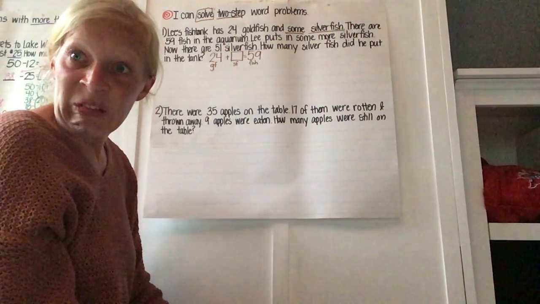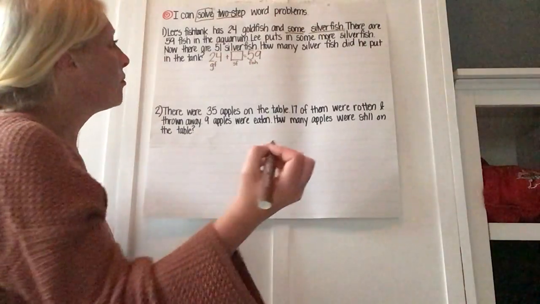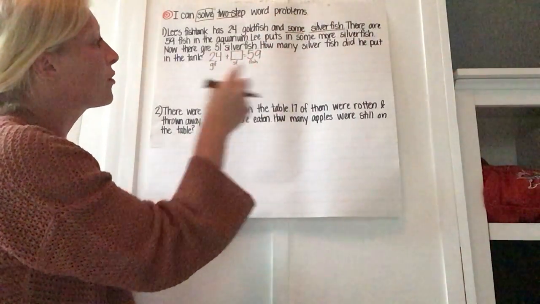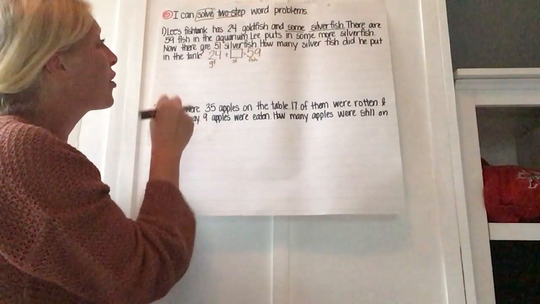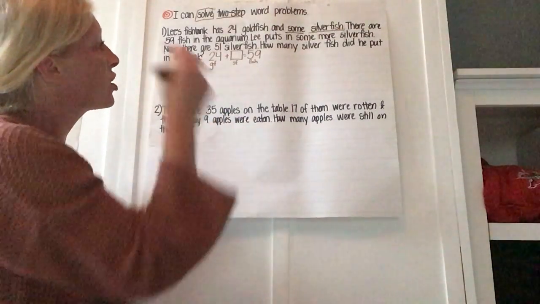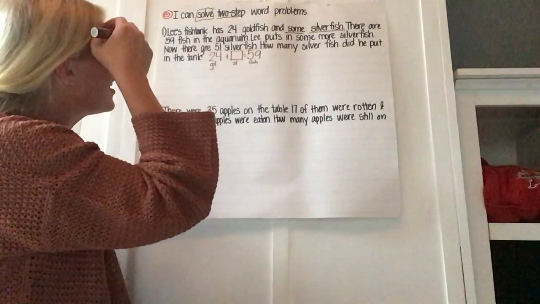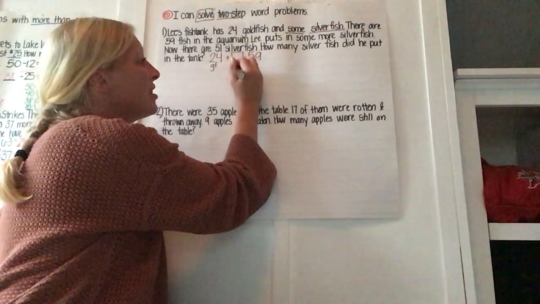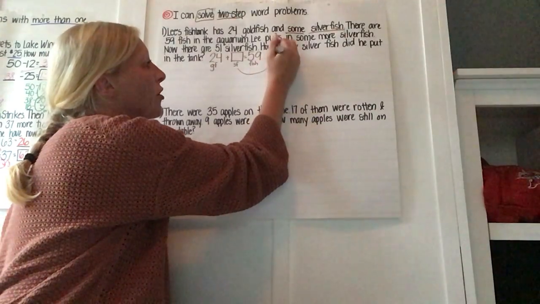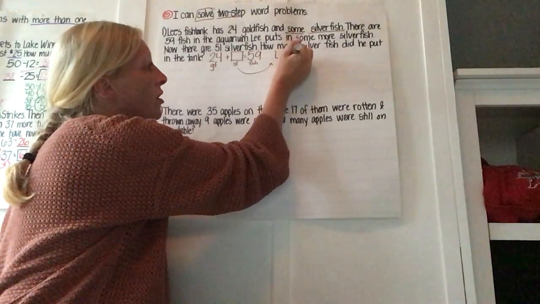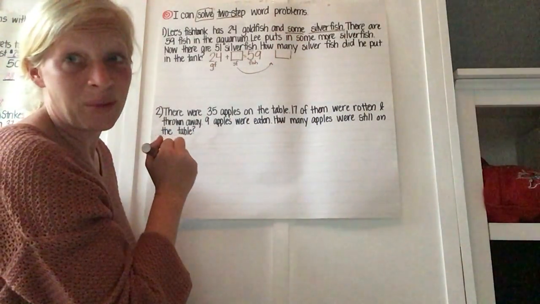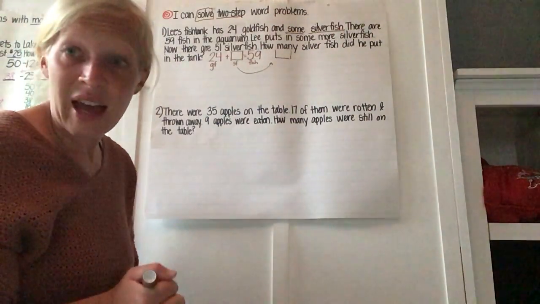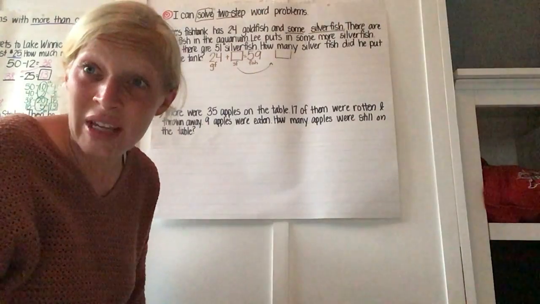Okay. Then what? Lee puts in some more silverfish. Now there are 51 silverfish. How many did he put in the tank? Okay, so we don't know this. It's gonna come over here. Let's not put a top on that yet, right guys? Because we don't know that. But that's not our unknown, is it?